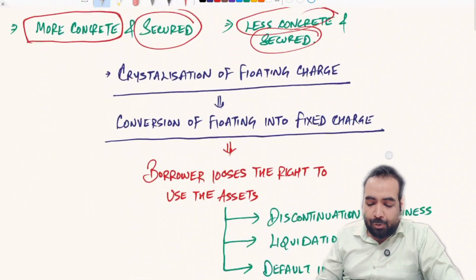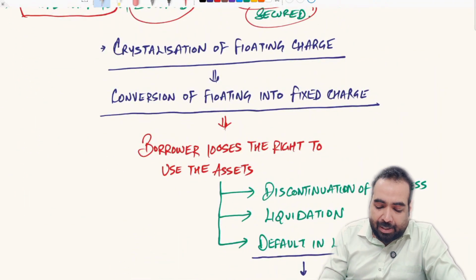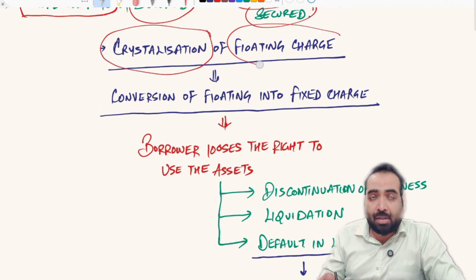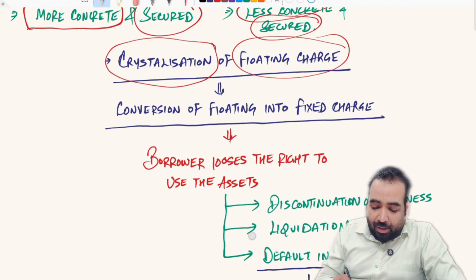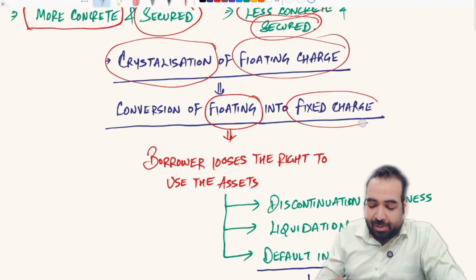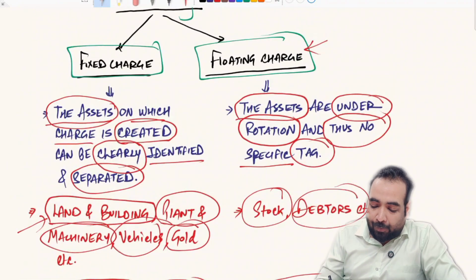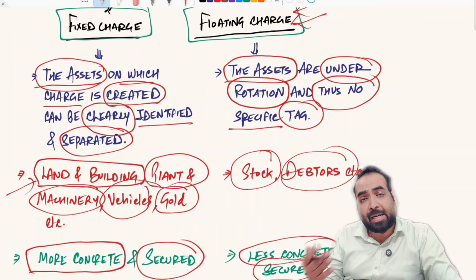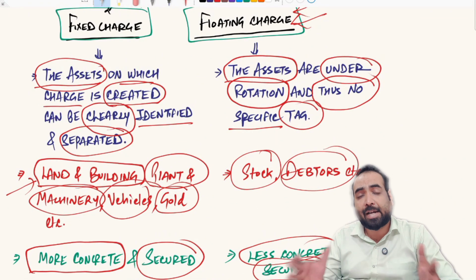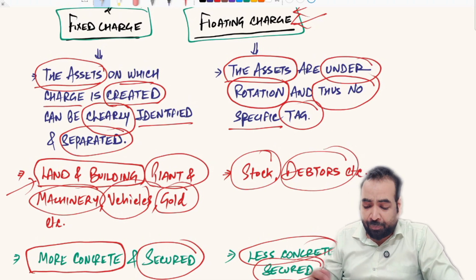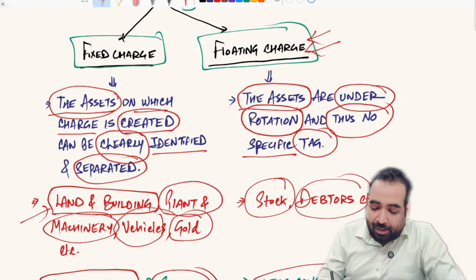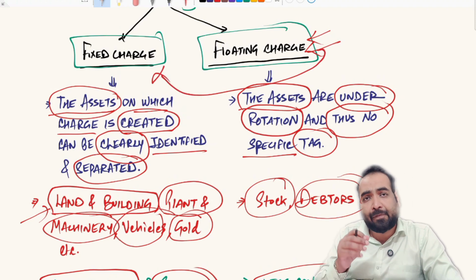The important concept to understand here is the crystallization of the floating charge. What do we mean by crystallization of floating charge? It is the concept where the floating charge is converted into fixed charge. Means the floating charge, which has the feature of no separate identification of the asset, because they are coming in and going out, is converted into all the features of fixed charge.